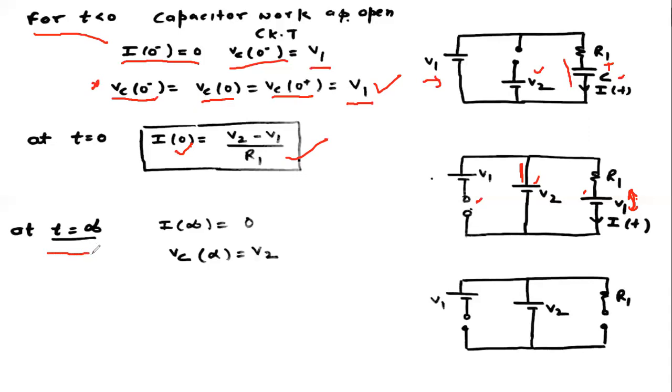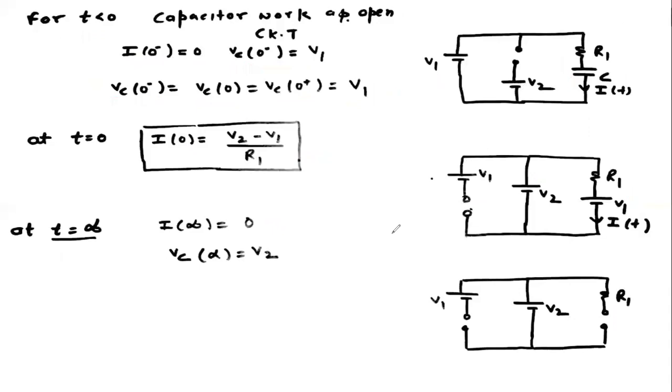And in the steady state condition, the capacitor again works as an open circuit. So the current becomes 0 in the steady state condition, and for the capacitor voltage vC(infinity), the capacitor is again charged to the applied voltage, which is V2.